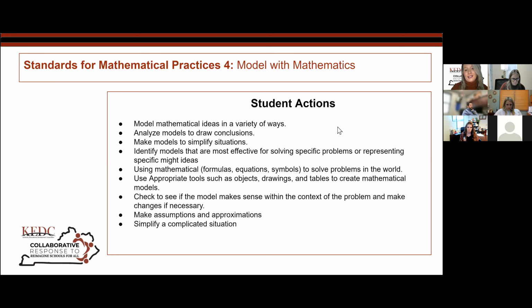We want to make the tasks that we give our students meaningful to them, make sense to them. We don't want them working on problems that are not real world to them, and that's a challenge. In modeling mathematics, we want to see our students simplifying complicated situations and choosing those models to use that will simplify that situation. And again, it's one of our supporting actors when it comes to our math practices.